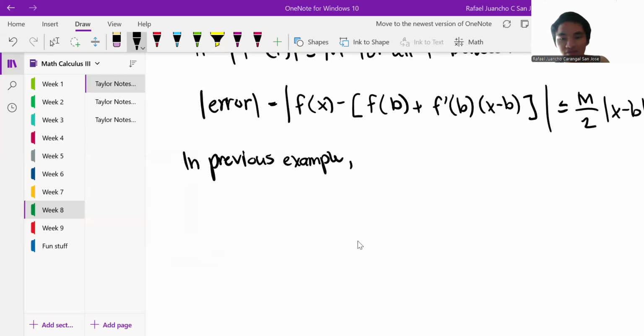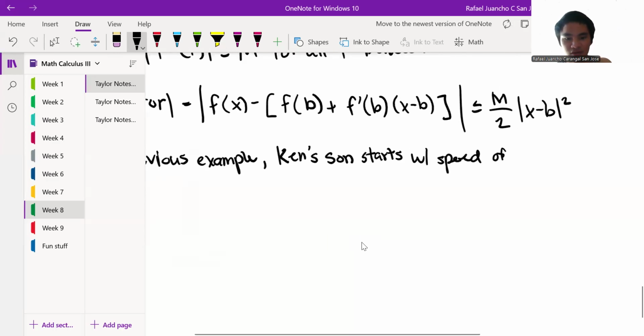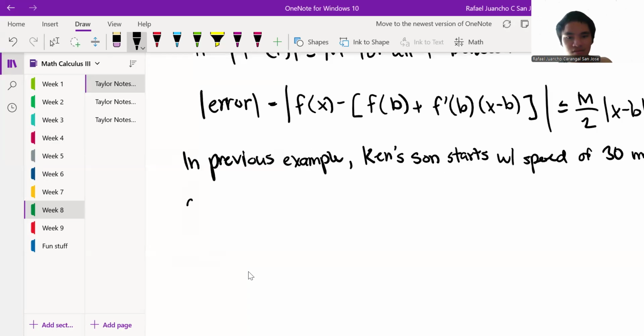So if we know that Ken's son starts with a speed of 30 miles per hour, and, okay, here's the new information that we didn't get before.